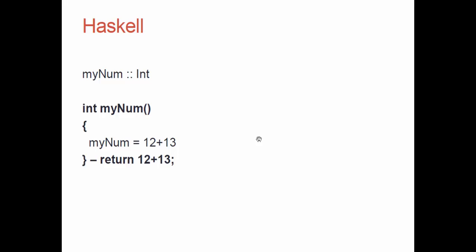Simply, it is a function, hides a computation resulting in integer without taking any input, such as mynum can be defined to be 12 plus 13. So anytime I refer to mynum, I'll have an evaluated value as 25.